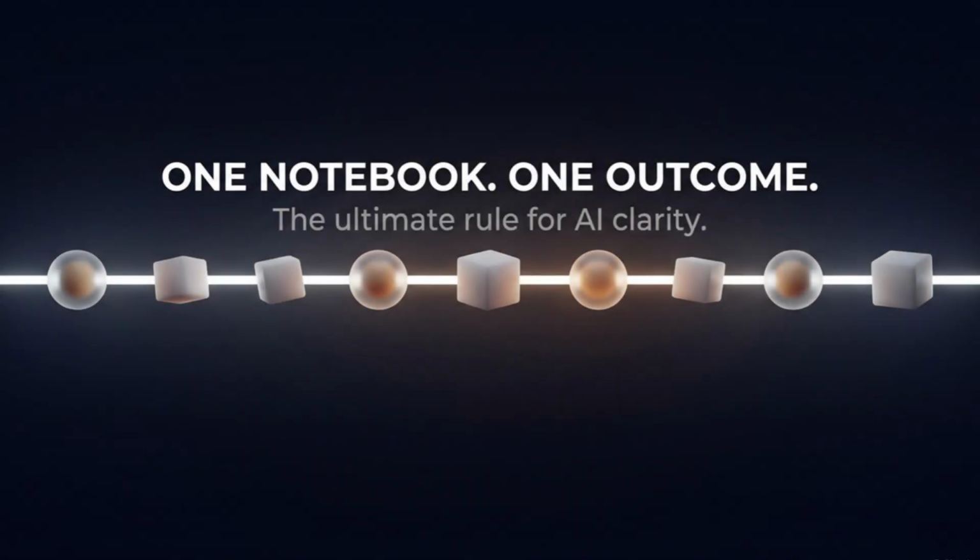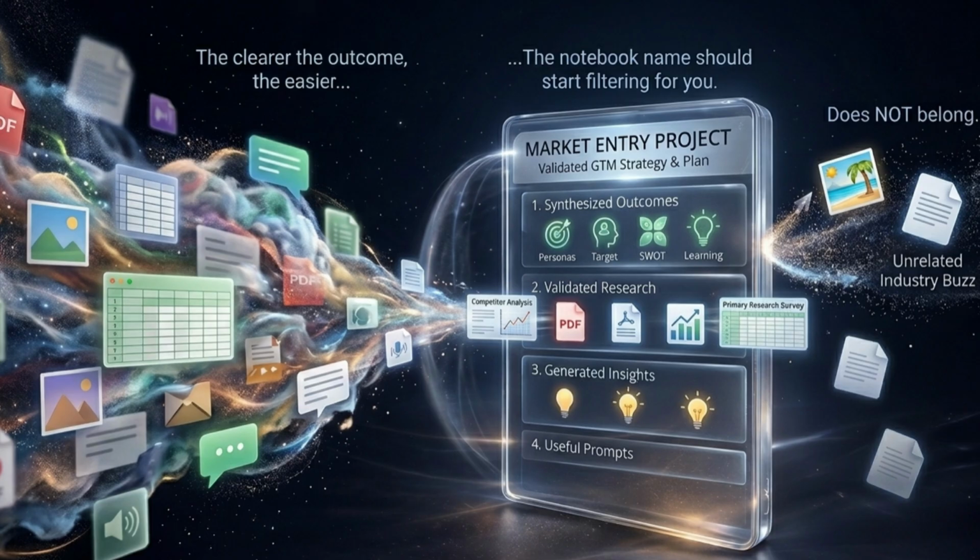You need one clear outcome. For example, plan one lead magnet, organize one workshop, shape one content series, clean up research for one offer. The clearer the outcome, the easier it becomes to know what belongs in the notebook and what does not.